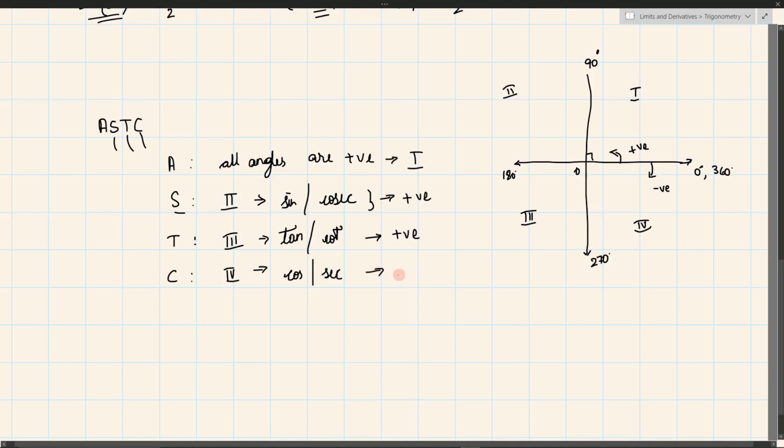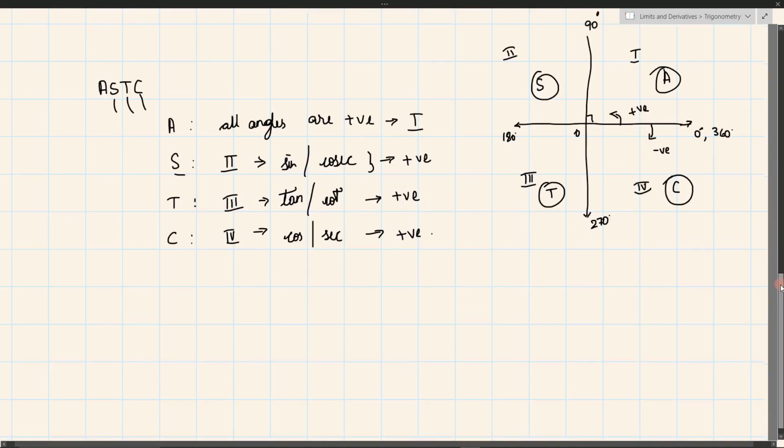Only these two are positive, right? So all functions are positive in the first quadrant. Only sine and its reciprocal are positive in the second quadrant. Tan and cot are positive in the third quadrant, and cos and secant are positive in the fourth quadrant.